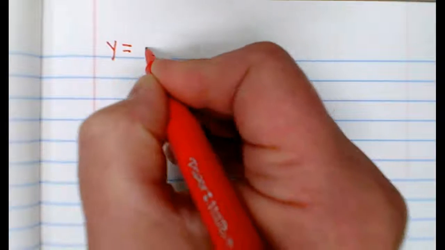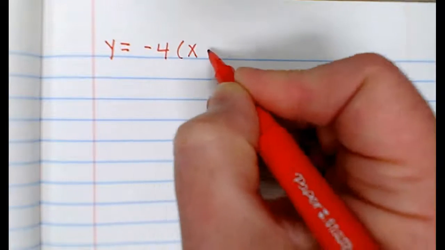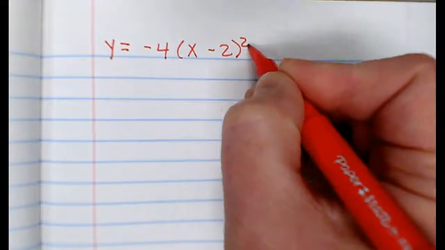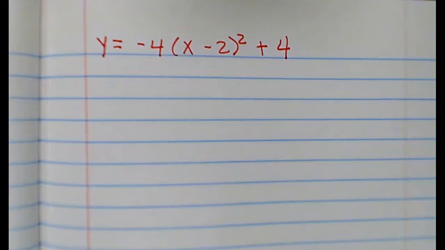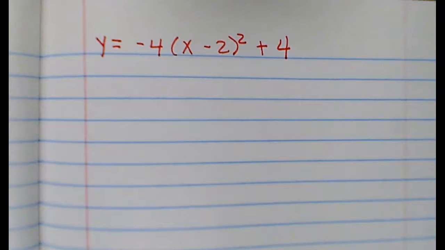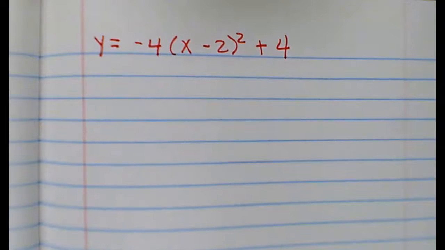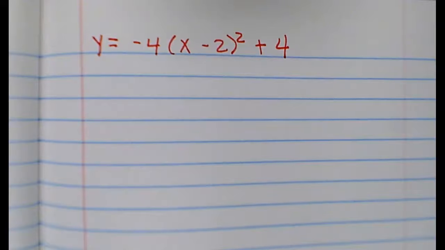I am just rewriting this same problem because I had to go over to the next page. And so we're starting out with vertex form. But how do you get it to standard form? Usually, I've been telling my Algebra 1 students, whenever you have a number out in front of the parentheses, you distribute.